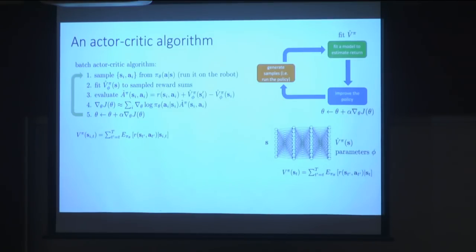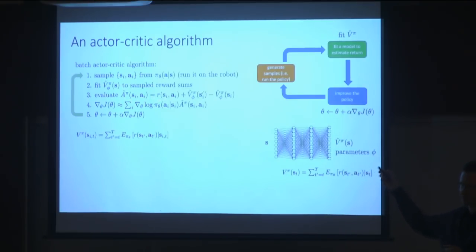So the way this algorithm works is that it samples trajectories by running your policy just like before. Now it's going to have a new step where it's going to fit v hat pi to the sampled rewards. Then it's going to estimate an advantage for every single time step along every single trajectory.